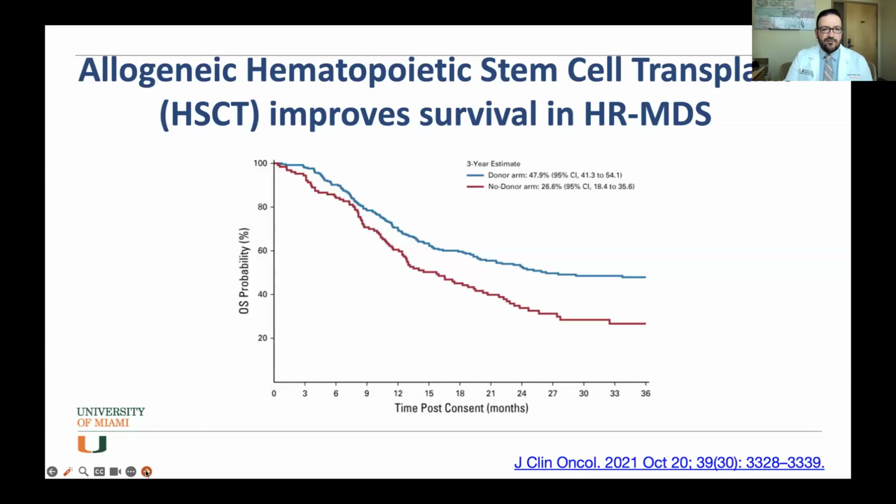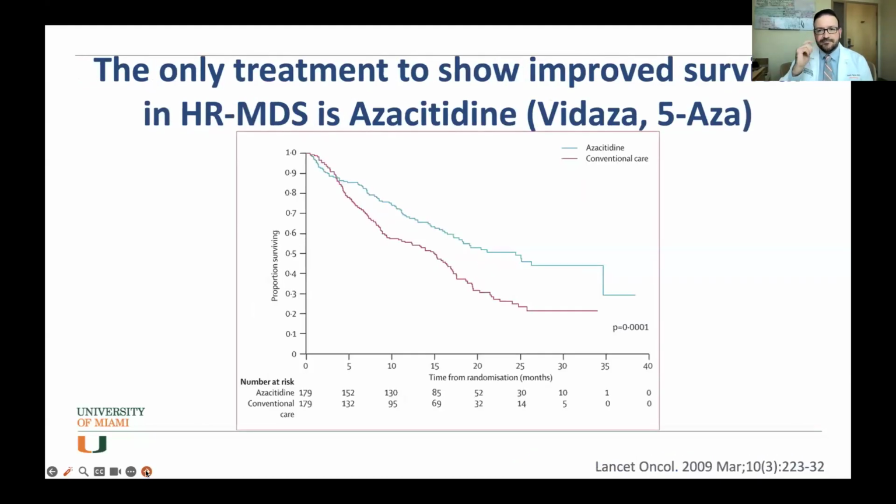So then what are the treatments in that case? Again, the randomized trial is the best evidence we're going to have. The only randomized trial, and the only evidence we have that showed improved survival in high-risk MDS, is azacitidine, also called Vidaza, or 5-azacitidine, 5-aza.